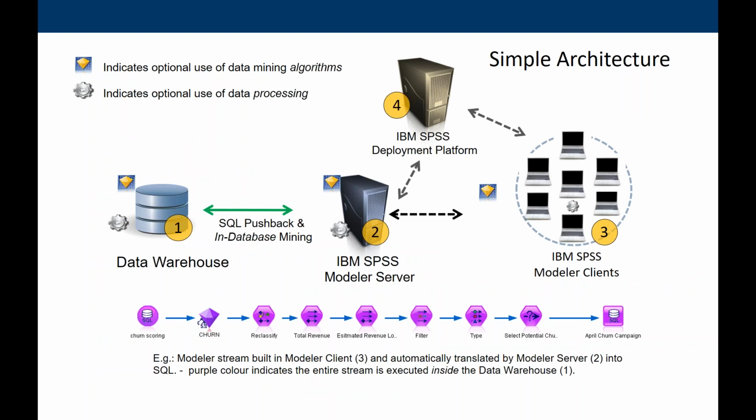There's some other aspects to this. I've just added it in the architecture slide here so that when you get the PDF sent out to you, you get a sense of how it works. I've just been using a client copy, but you could be using a client-server environment, and you could be harnessing SQL pushback so that all the processing occurs either in the data warehouse, because it's all getting pushed back as SQL, or it's occurring on the Modeler server, or it's occurring at the client level, or potentially occurring on a deployment platform.